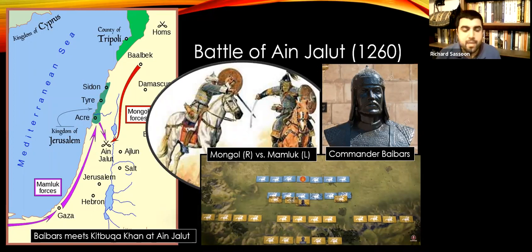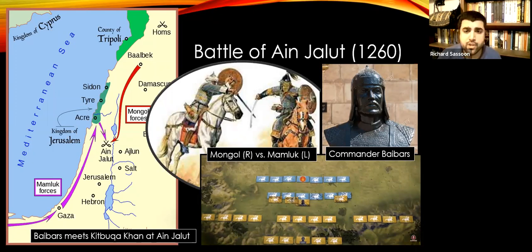So he was himself a horse rider, just like the Mongols were, and was familiar with those tactics. He went to Kitbolka's front and pulled Kitbolka's front line into the larger defensive position that Sultan Qutuz had in the rear, and they were able to encircle the Mongol forces, kill about 5,000 of the 20,000 Mongols there, and the rest of the Mongols retreated, especially after Kitbolka was killed on the battlefield.